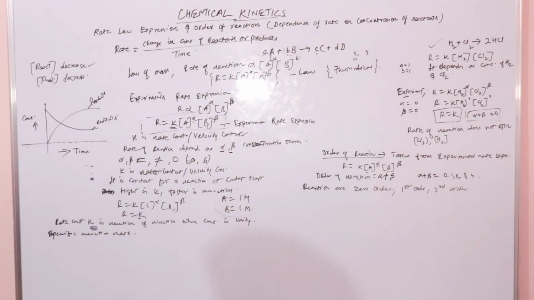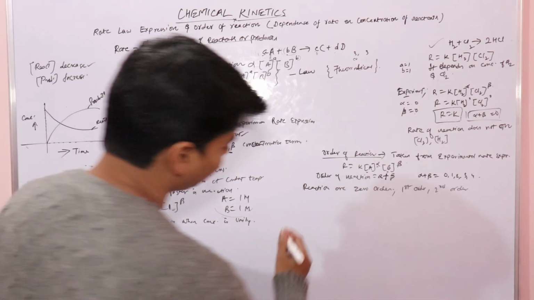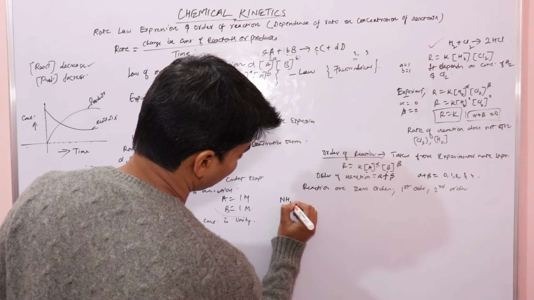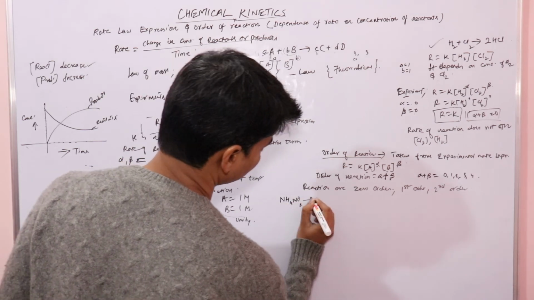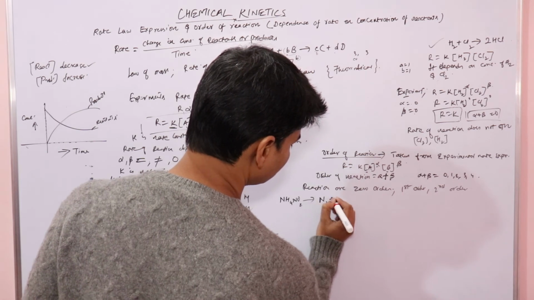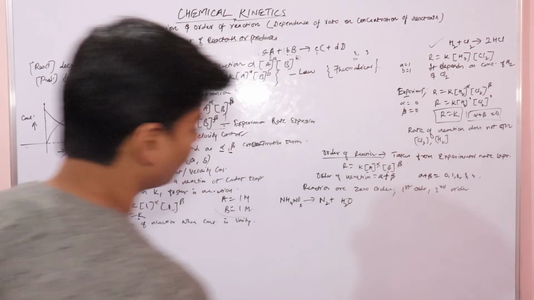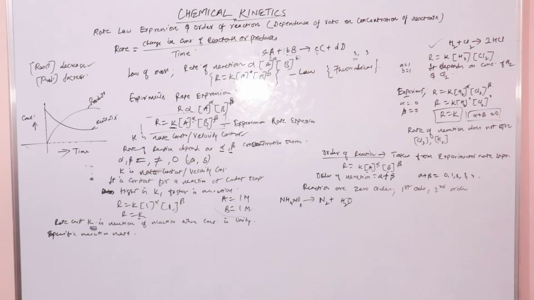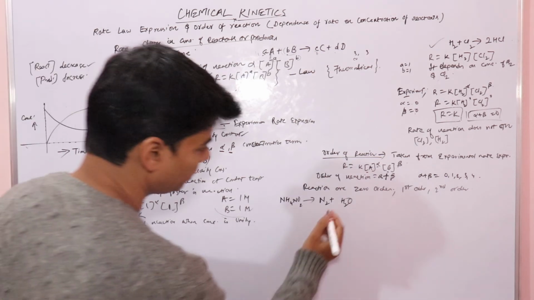Now let's take an example of the first order reaction. You have done this in the preparation of nitrogen: decomposition of ammonium nitrite will give you nitrogen plus H2O. And if you try to balance this equation, it would be like this.